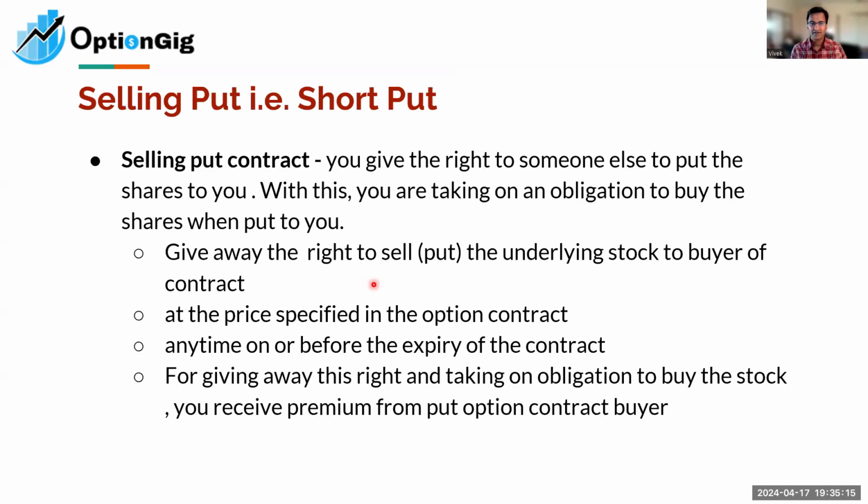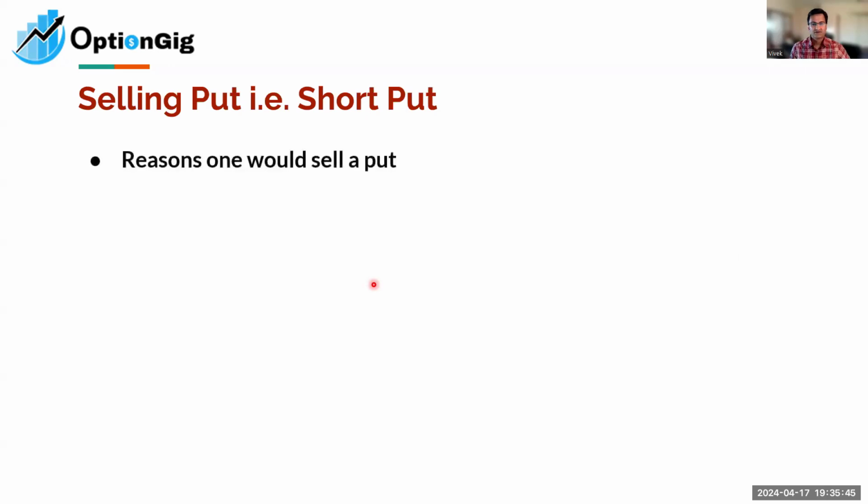But if the car gets damaged, if my stock gets damaged, and the other person wants to put the stock to me because now Google is 120, damaged from 155 to 120, I'm obligated to buy it at 150. I can't say, no, sorry, I'm not going to buy this. No, that's not how it works. It's legally binding. And I got paid $4 for taking on this obligation. Okay. So why would I sell a put?